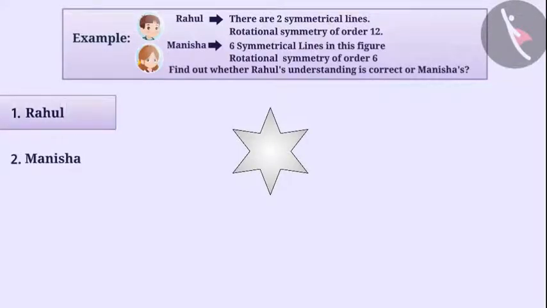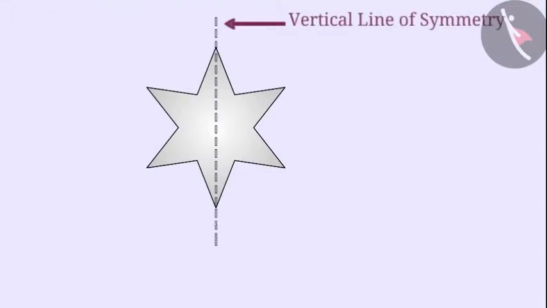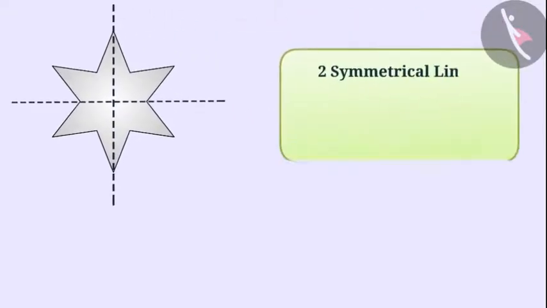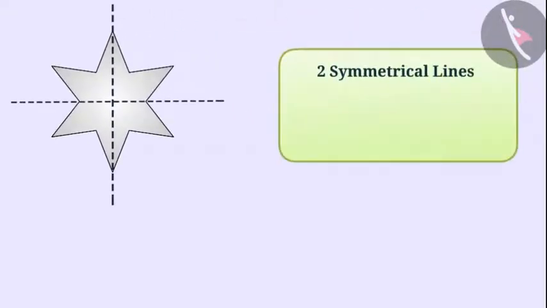Here Rahul has drawn a vertical line of symmetry and a horizontal line of symmetry and thought that the figure had 2 symmetrical lines. Rahul had forgotten to draw more symmetrical lines.